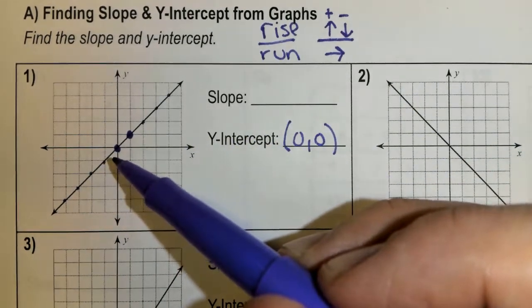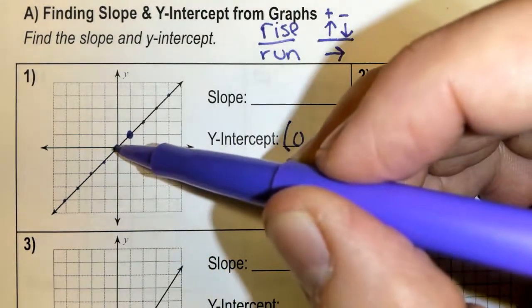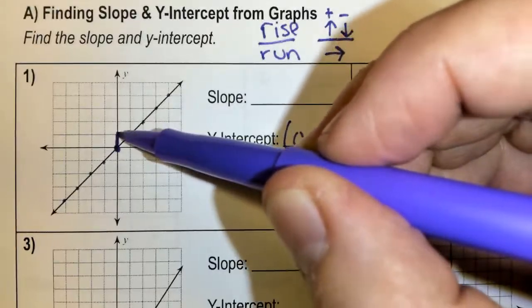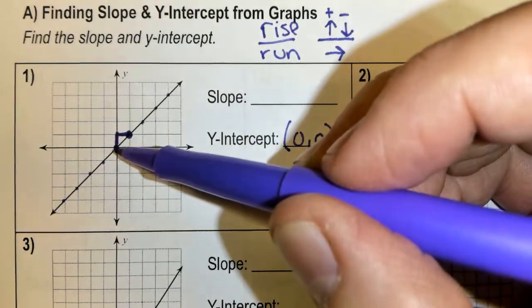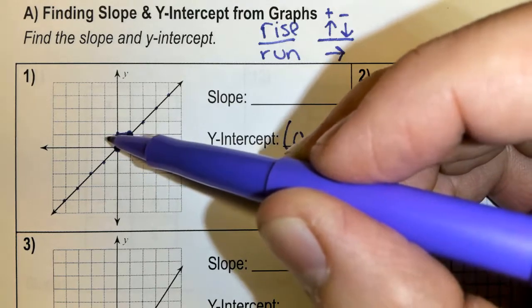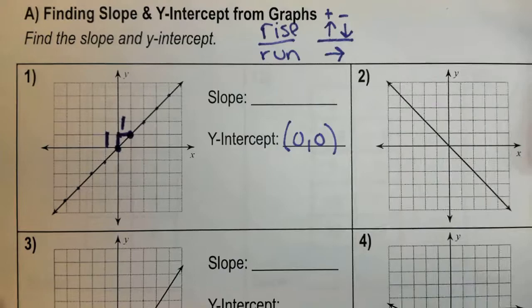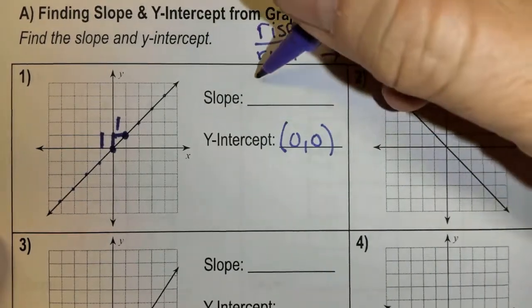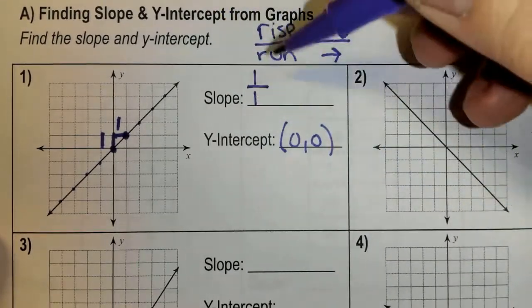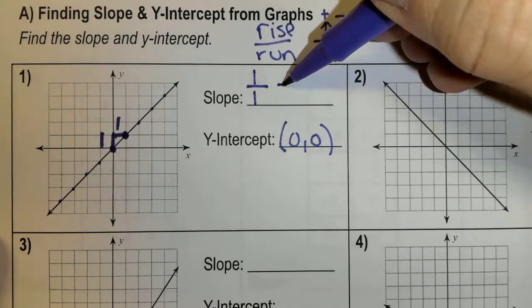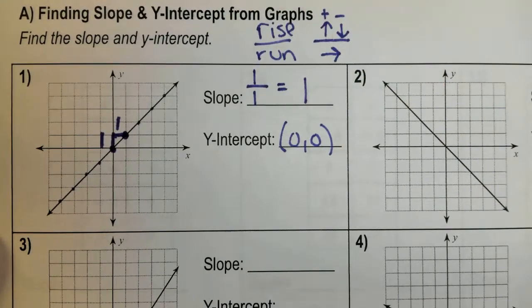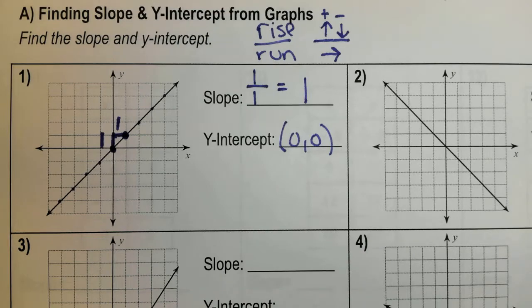From this point to this point, I have to go up, then right. Since I'm going up, it's positive, and I go up 1, I go right 1. So my slope is going to be 1 over 1. That's rise over run, which I can reduce to just 1. And I'm done.